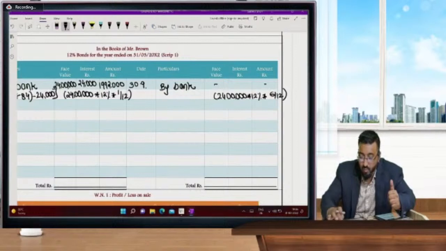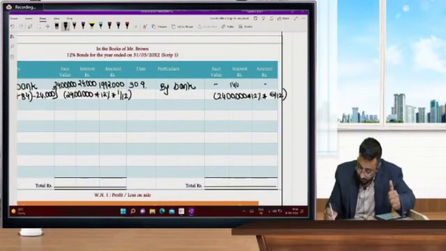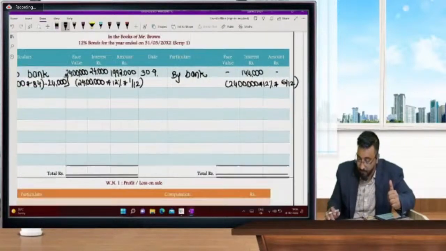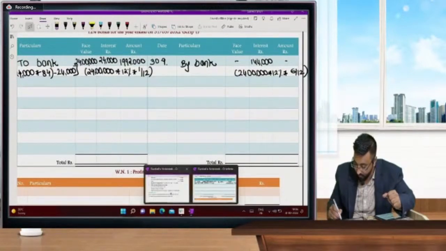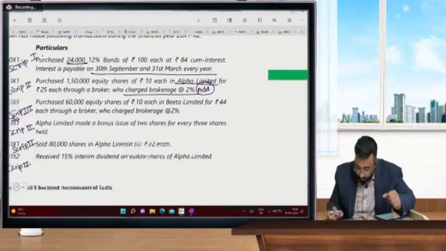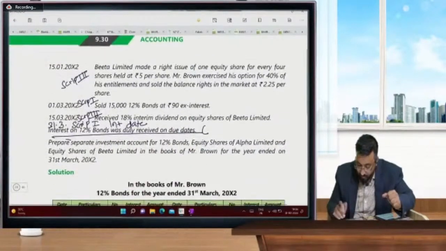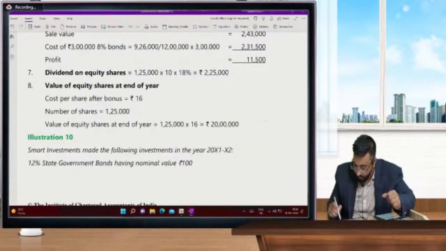The company will pay you for last year to next year, 1,44,000. Next date. Script 1 next date is 1/3. 1/3.